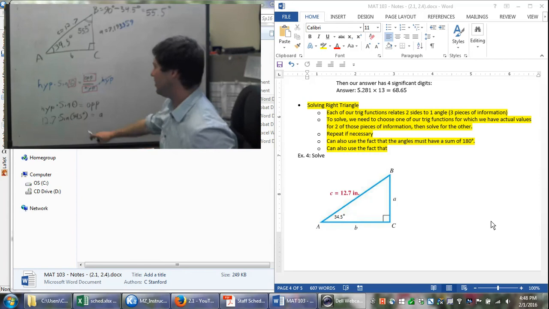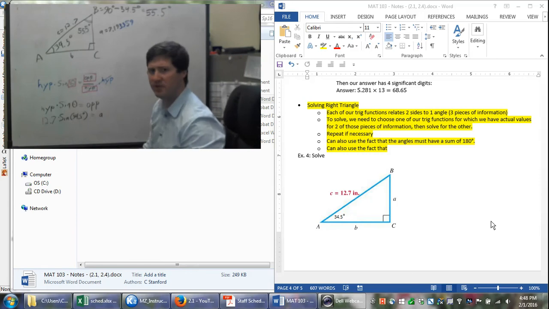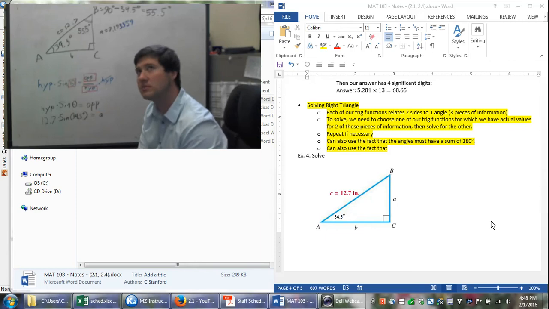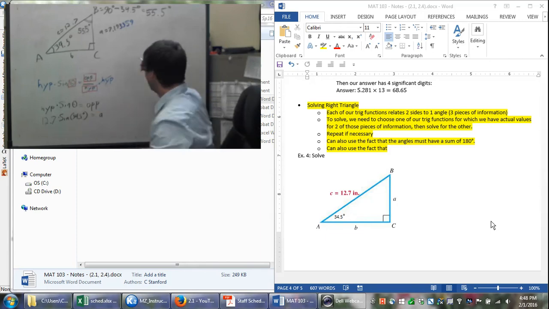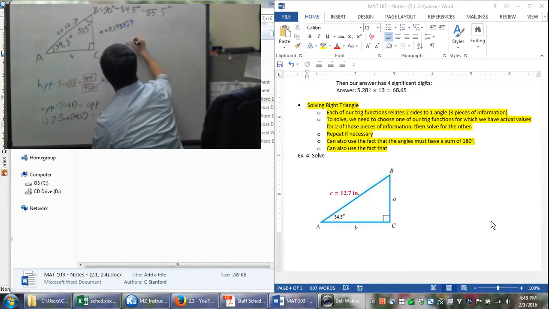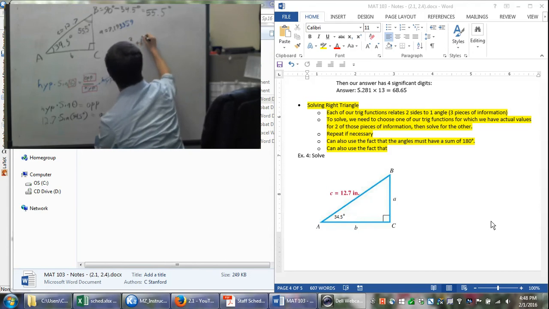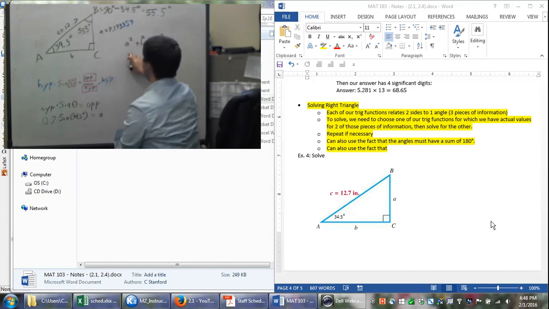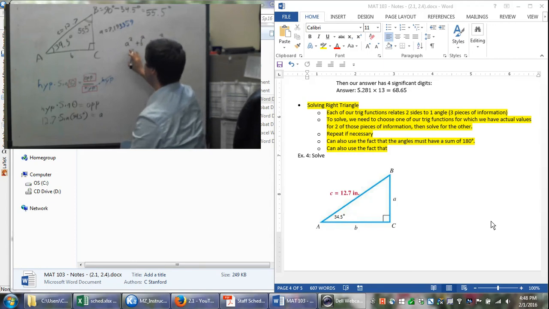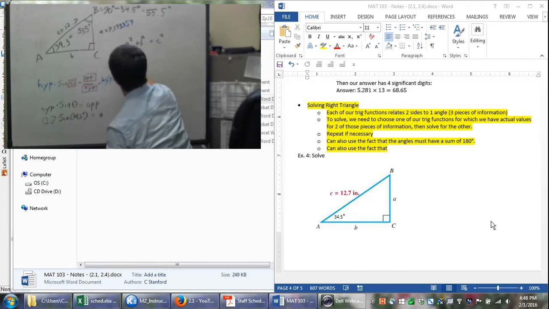I could use the tangent. The tangent relates the opposite side to the adjacent side. But again, I'm in that kind of sticky situation where I'm using this number when I could avoid it. There are going to be situations where you can't avoid using a number you've calculated, but when I have the opportunity to avoid it, I just avoid using it.